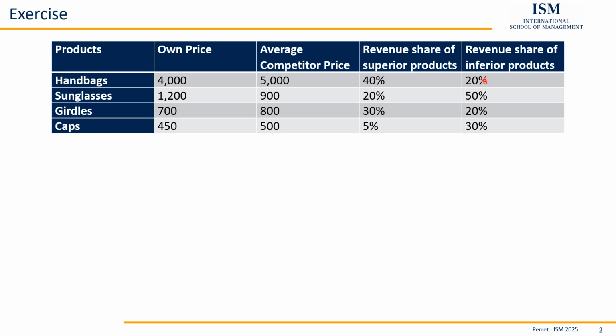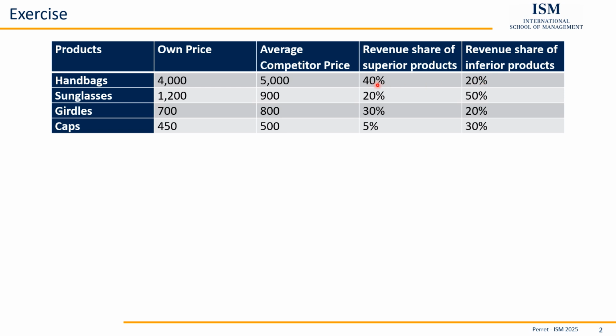And then we have, for our products and for the competitors' products, an evaluation of the quality perception, and then we calculate the revenue share, so all of the revenues from handbags divided into those areas where we are rated superior to our competitors and those where we are rated inferior to our competitors.